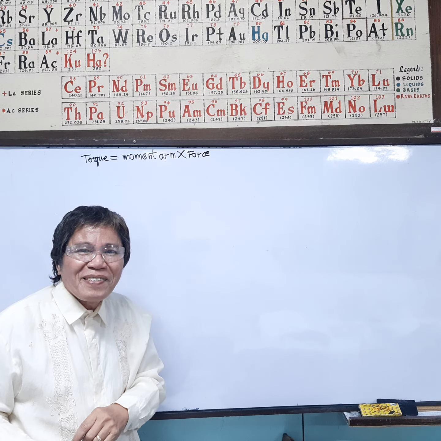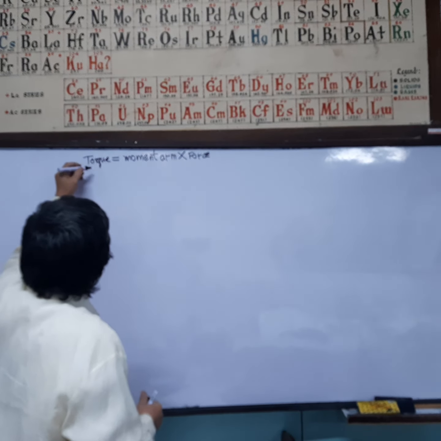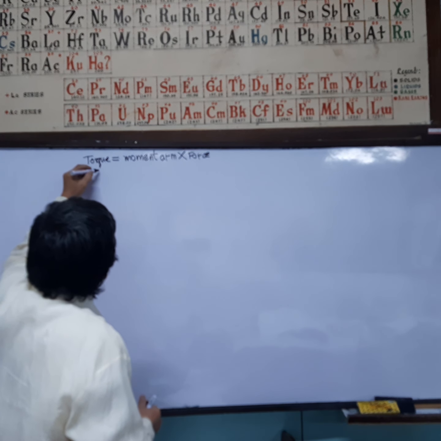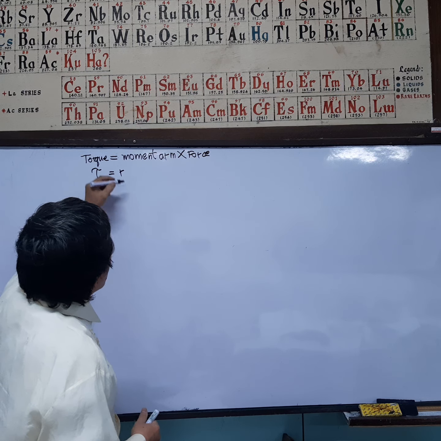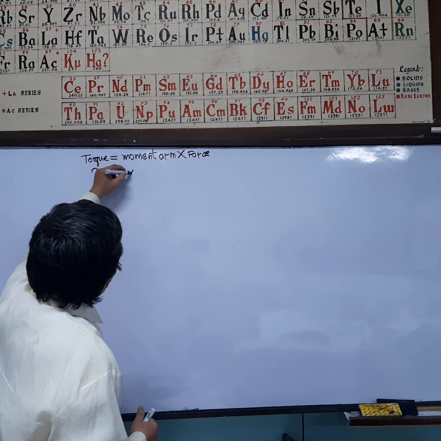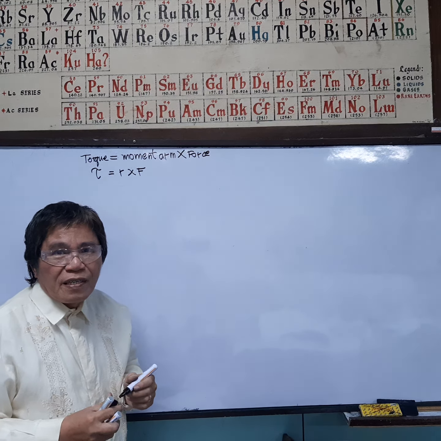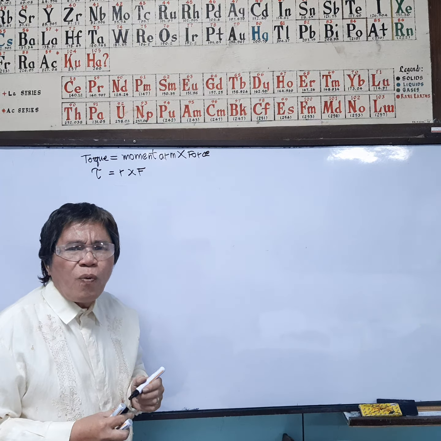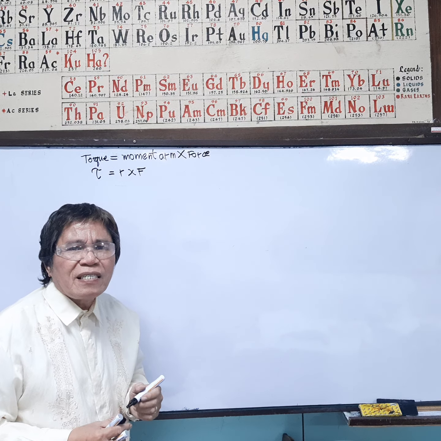Okay? So, in symbols, you have the Greek letter tau. Tau is equal to R, the moment arm, times the force. Here, by the way, torque is a vector quantity.